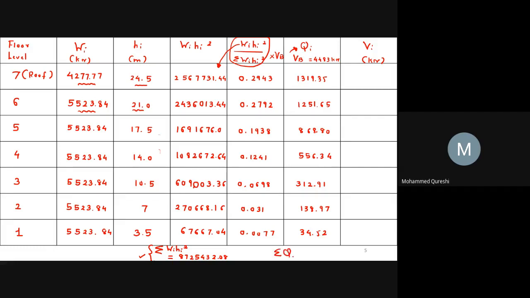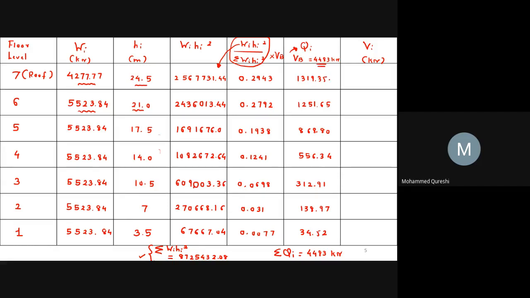Now your summation of Qi will be exactly equal to VB. So after summation of all the values of Qi, you will get 4483 kilo Newton, which is exactly equal to the value of VB.